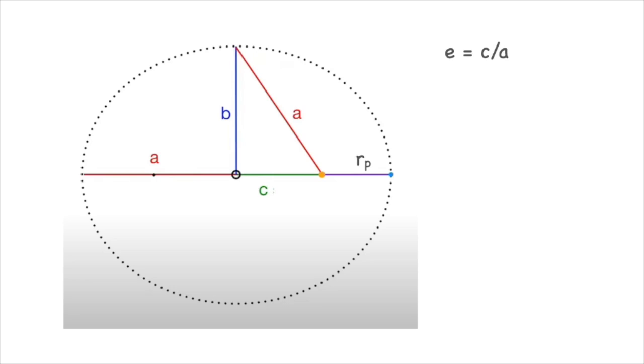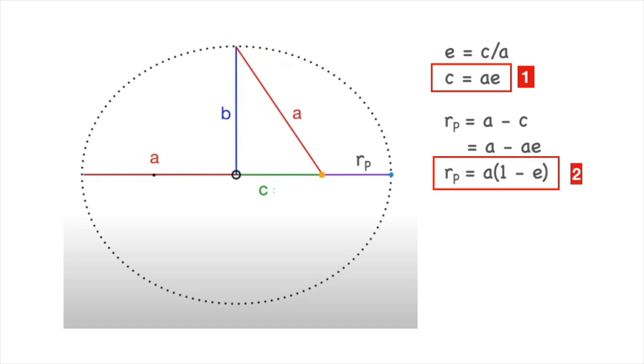You will recall that e, the eccentricity of the ellipse, is defined as c divided by a, as shown in this diagram. So c equals a times e. Recall also that r sub p equals a minus c. Substituting for c and simplifying, we get r sub p equals a times the quantity 1 minus e.